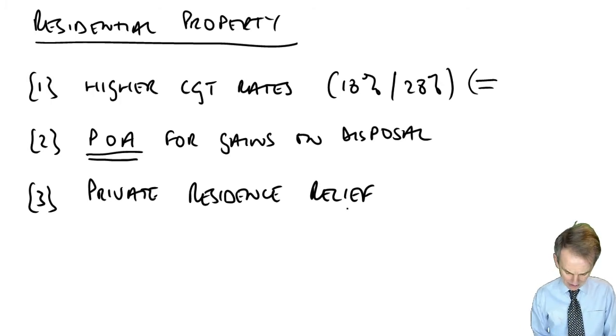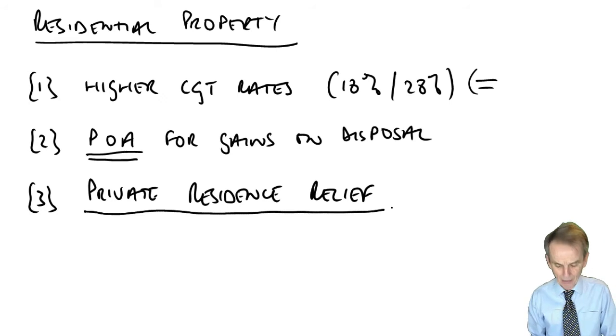But what we now see, as was mentioned back in chapter 12, as well as dealing with the detail of those first two, is that there's something called private residence relief, which in real life will apply to the vast majority of the huge amount of transactions where taxpayers dispose of their private main residence, the property in which they live, their home, during the tax year. 100% of such gains made on such a disposal will attract 100% private residence relief, because all you've ever done from when you bought to when you sold is what most people do.